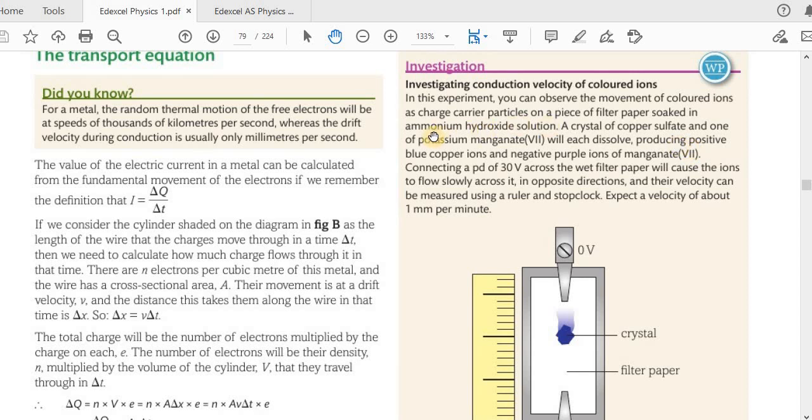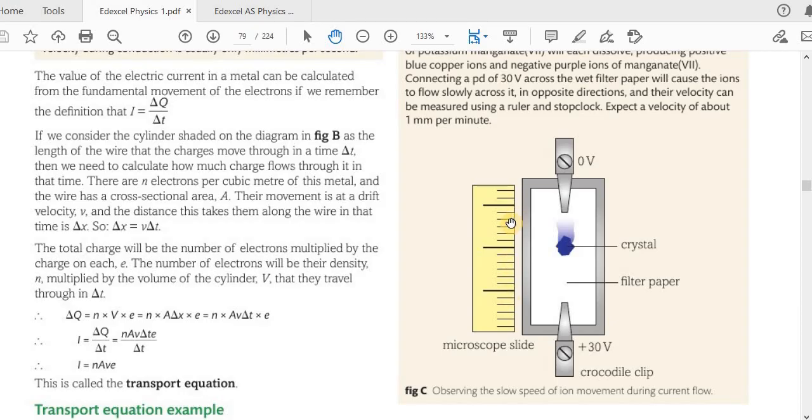Remember, this is an ammonium hydroxide solution, which means it is wet, it is dissolved in water. That's why you have a solution, otherwise you can't get a solution. For chemistry they have learned this. It will cause the ions to flow across it in opposite directions, and their velocity can be measured using a ruler and a stopwatch. The ruler can be used to measure the distance and the stopwatch can be used to measure the time.